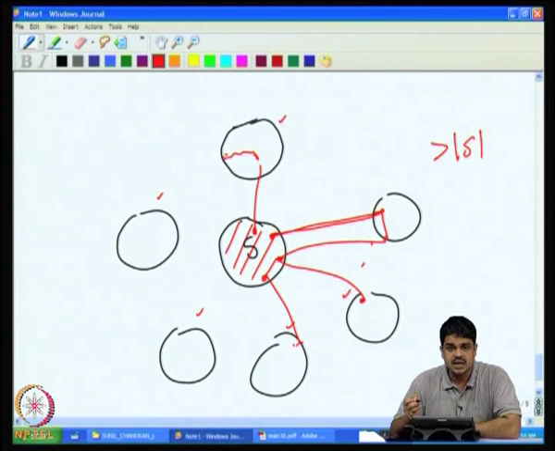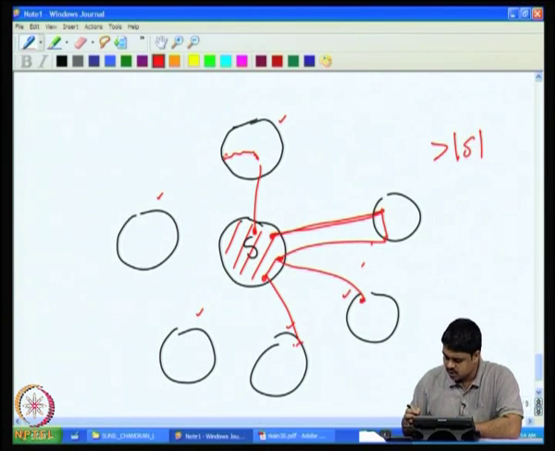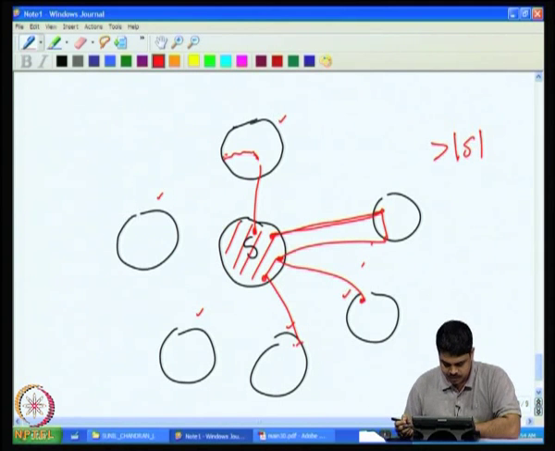So, therefore, toughness is a necessary condition for Hamiltonicity, but on the other hand toughness need not be a sufficient condition for Hamiltonicity. Is it possible for you to draw a graph which is Hamiltonian, but not tough, but still Hamiltonian?